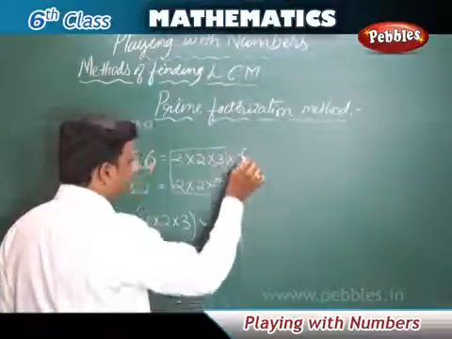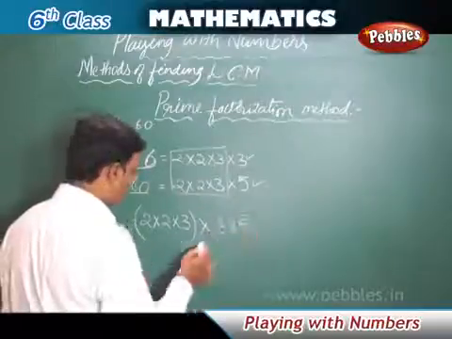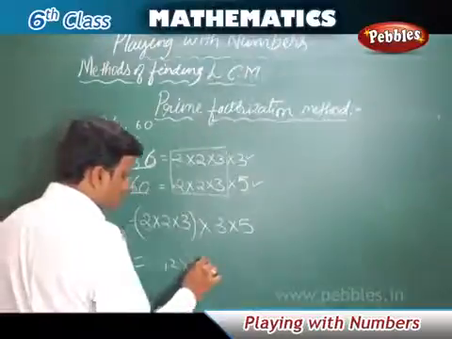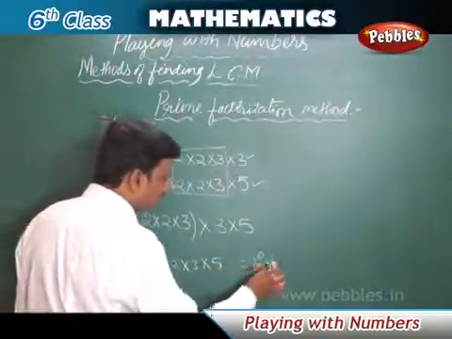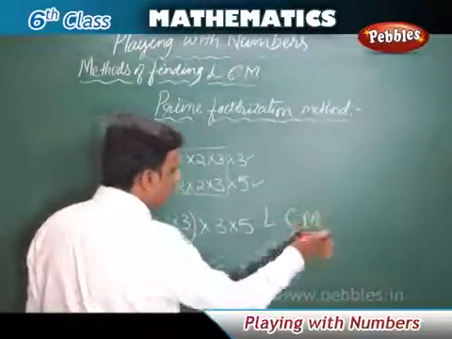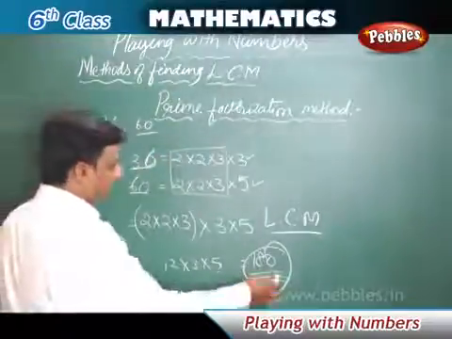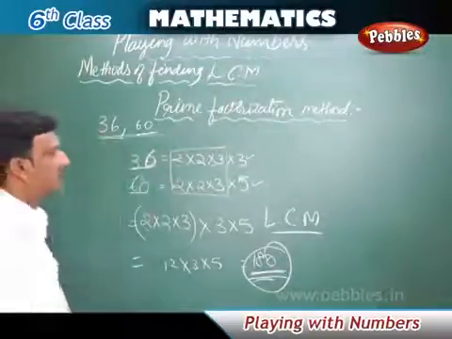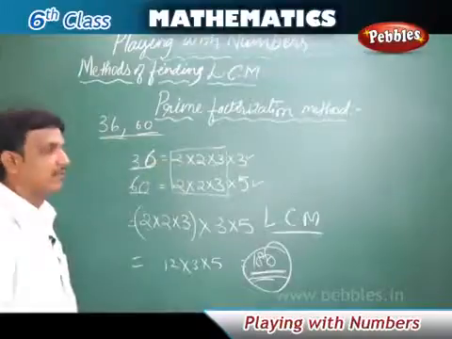Now the other numbers of both the given numbers: 3 into 5. 2 2s are 4, 4 3s are 12, into 3 into 5. 12 3s are 36, 36 5s are 180. So 180 is the LCM of 36 and 60. So 180 is the least common multiple of these two numbers, and we found it through the prime factorization method.